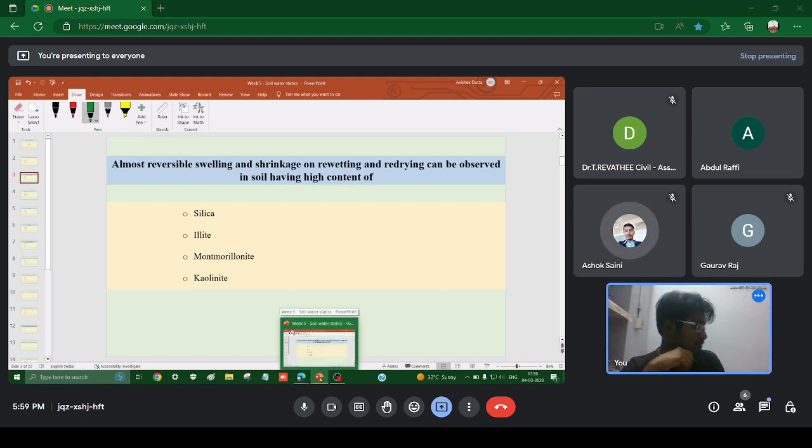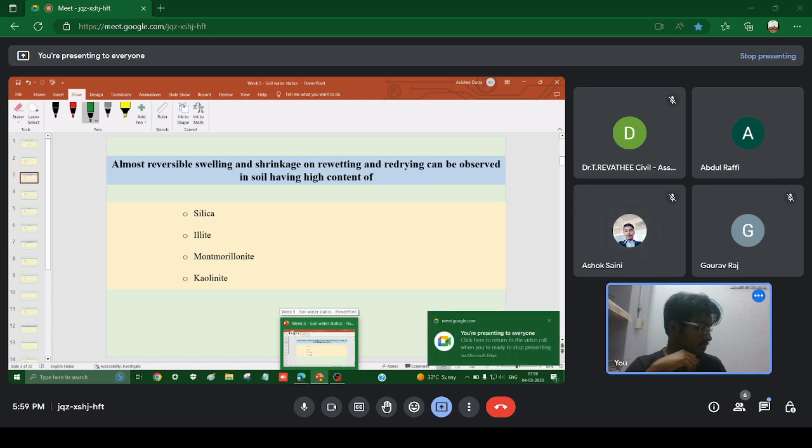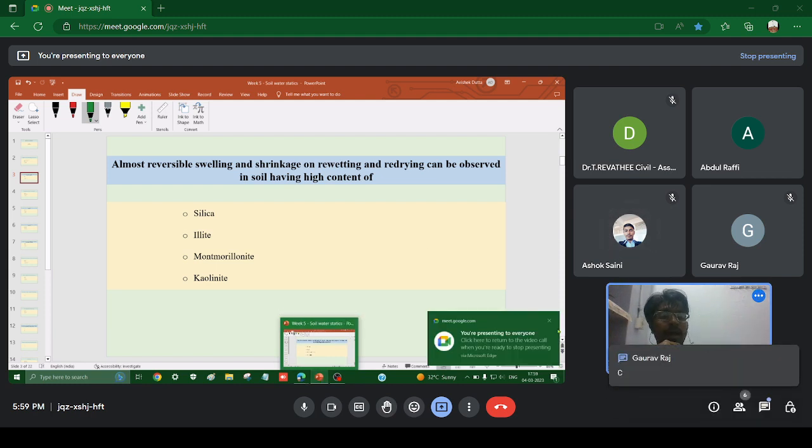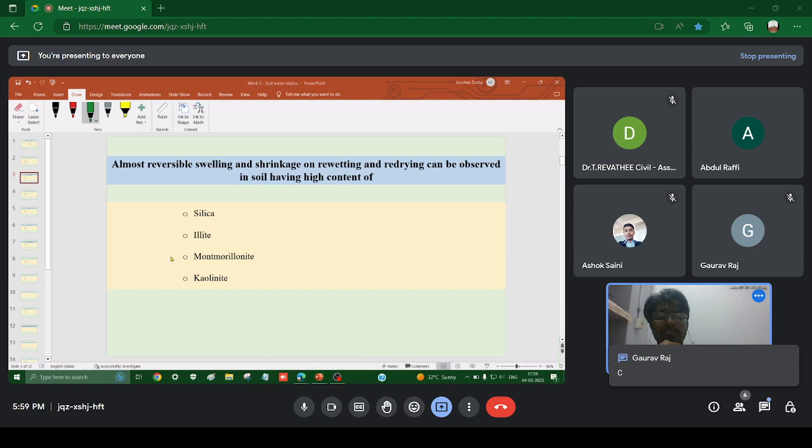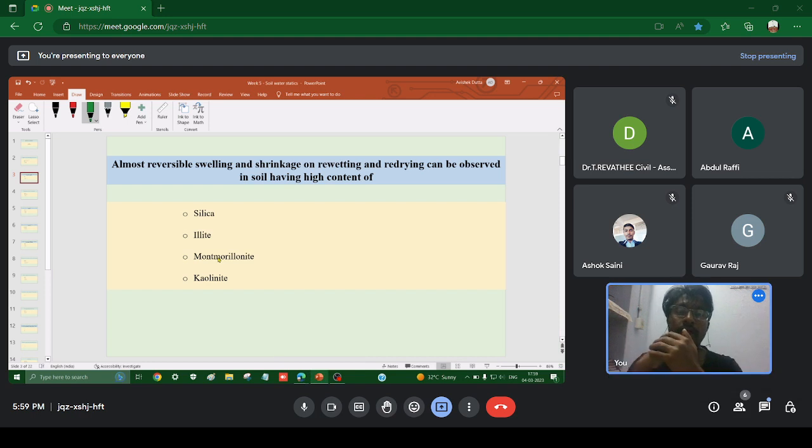The mineral montmorillonite is responsible for swelling in many kinds of soil, especially in black cotton soil. This mineral has high interlayer swelling, and the one which swells is also the one which shrinks on reduction in moisture content.